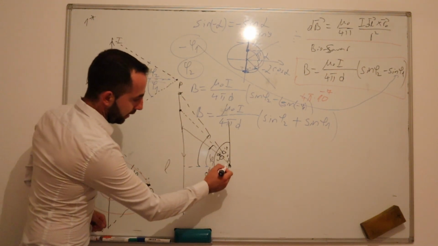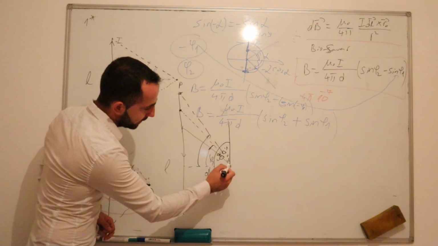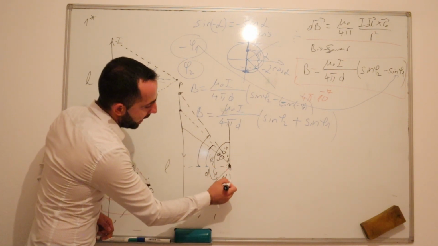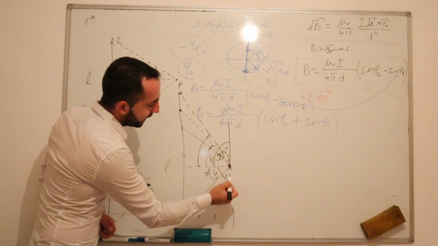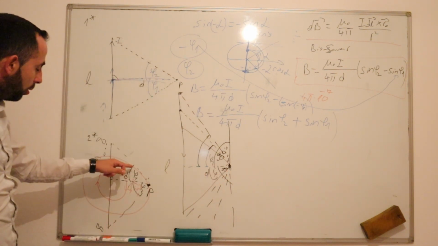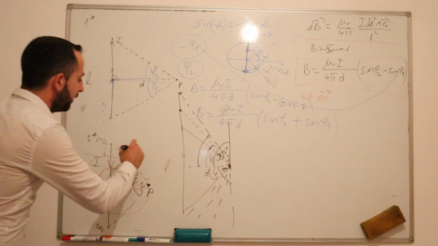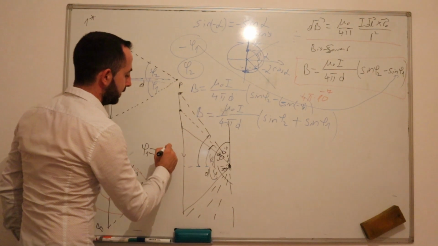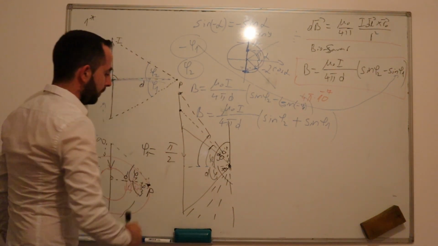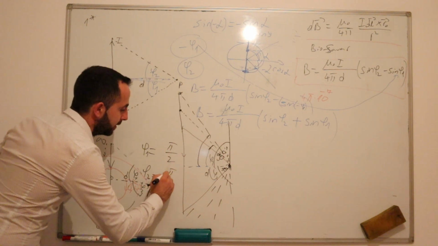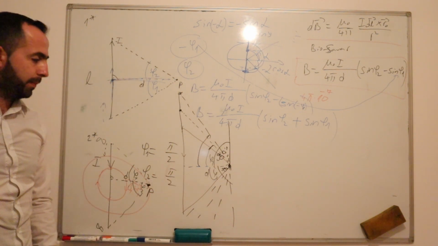The same is here. As I increase this length, I get a larger and larger angle, but I cannot get larger than 90 degrees. So, in this case, phi1 is equal to 90 degrees, that is pi/2, and phi2 is also 90 degrees, pi/2.